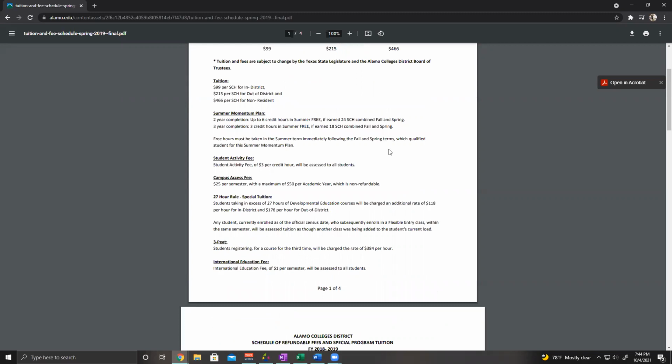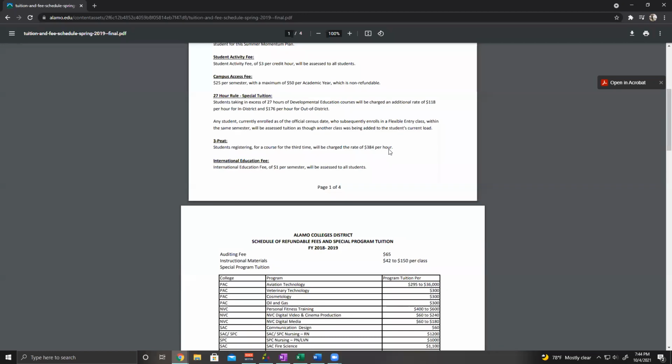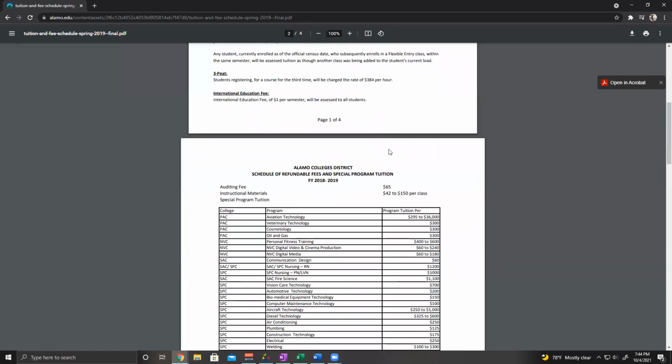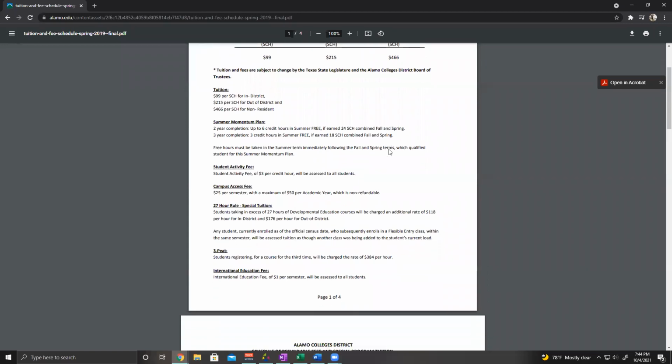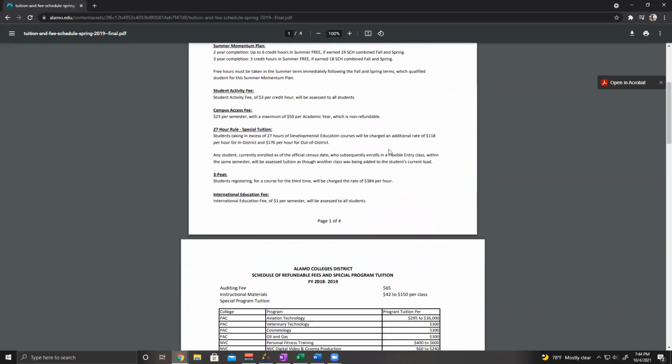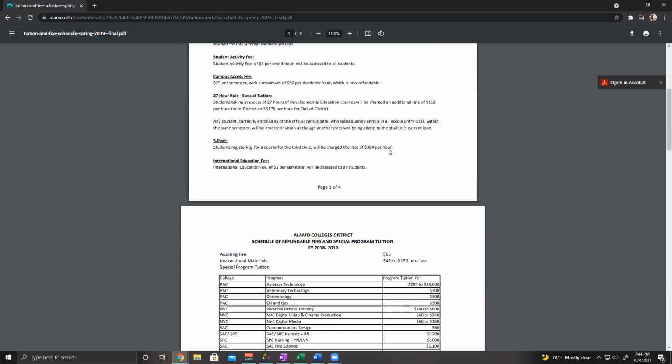And 3 credit classes is $297. So it's weird because it says it's a flat rate of $480 for 1 to 6 credit hours. So I just divided 480 by 6 and that gives me $80.